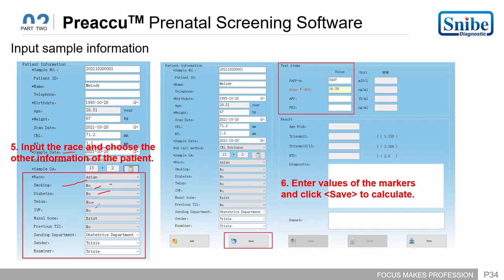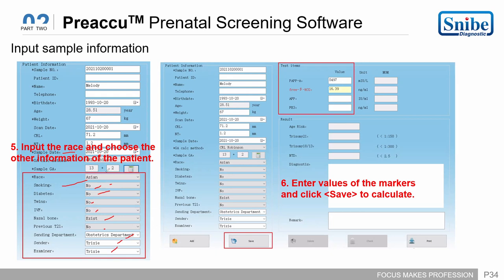They have a twins history, any IVF history. Whether a nasal bone exists. The previous trisomy 21, if there, will be more risk factors. The sending departments, and then the center's names and the examiner's details you can put.